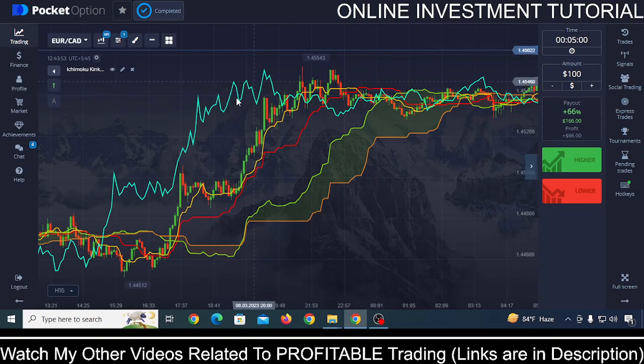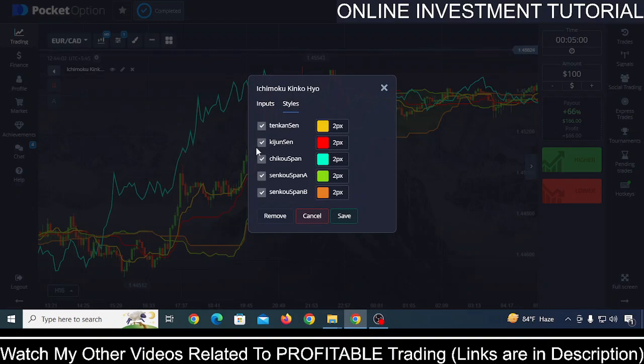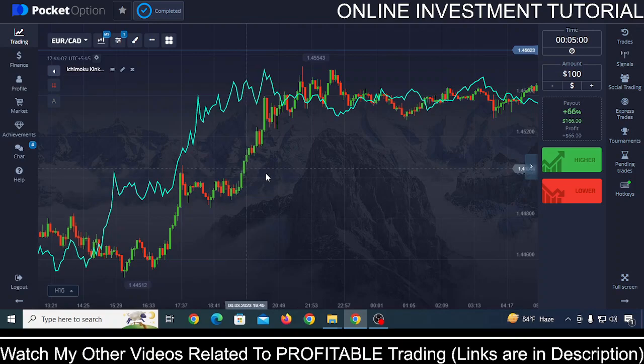So now let's understand what this line does to help you. Let's click on this pencil icon and remove all other lines except this one. What this line does is it will help you understand how strong the trend is.